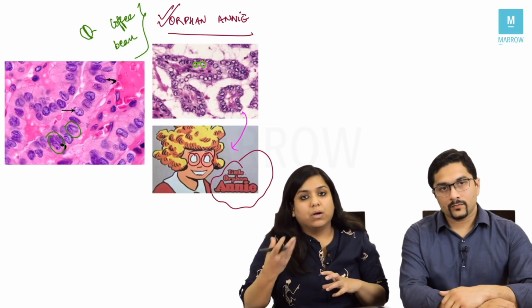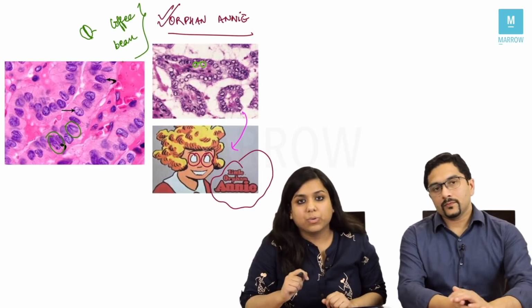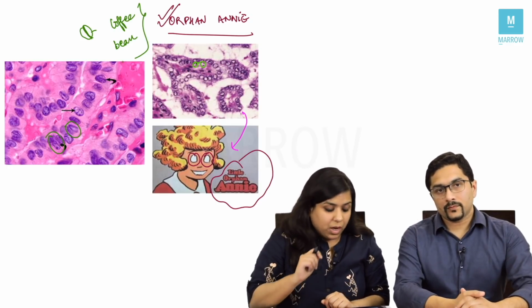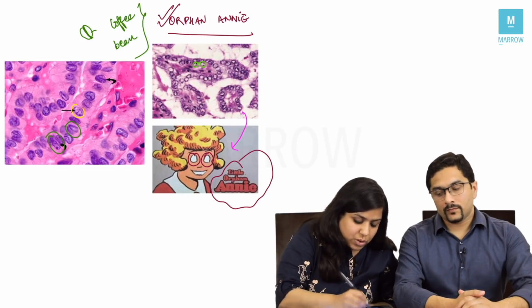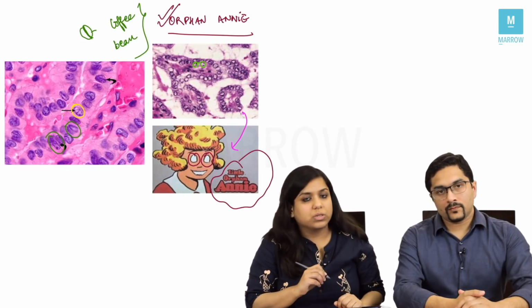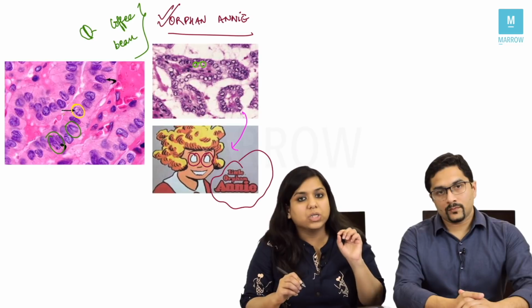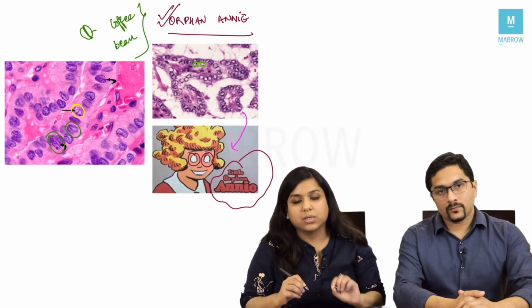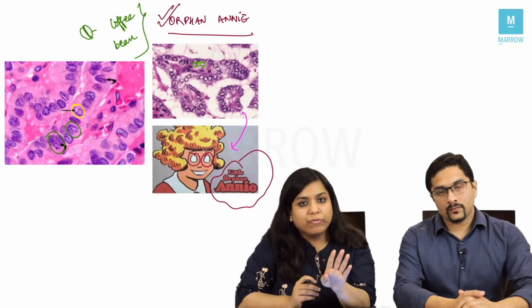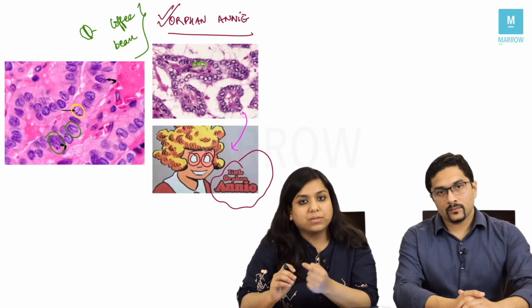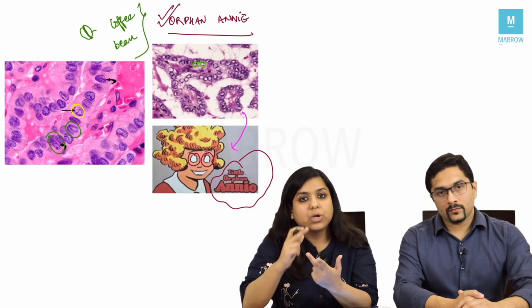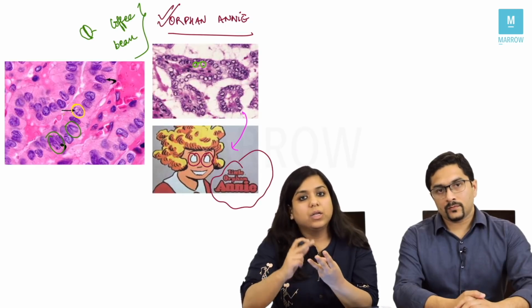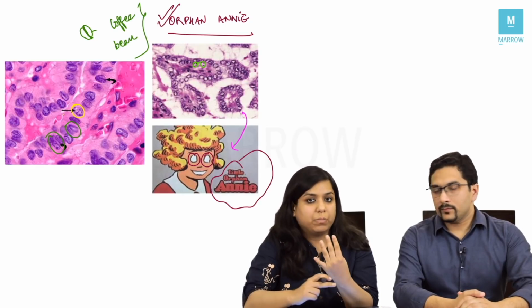Another thing which we see in this slide is this arrow which shows nuclear pseudo-inclusions. They are not true inclusions, they are pseudo-inclusions inside the nucleus. So 4 things to look for in a papillary carcinoma slide are papillae, which are lined by fibrovascular cores, Orphan Annie nuclei, nuclear pseudo-inclusions, and coffee beaning.